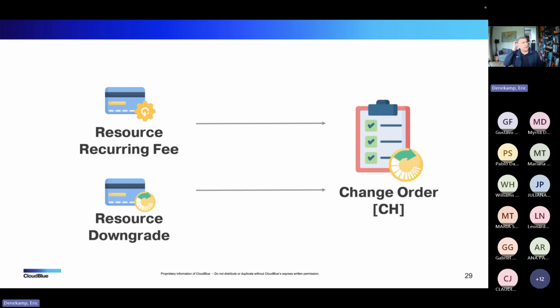If, for instance, in my subscription, there was a fee for the small locker, and halfway of the month I go to the bigger locker, I get the small locker back for the rest of the month, and I'm paying for the larger locker for the rest. Of course, from a net perspective, it only looks like I'm paying for the difference between small and large locker. But under the hood, the system will do the math by giving you the small locker back and charging you for the bigger locker for the rest of the month. That is what you will see in the change order.